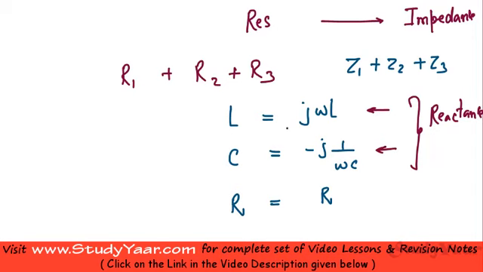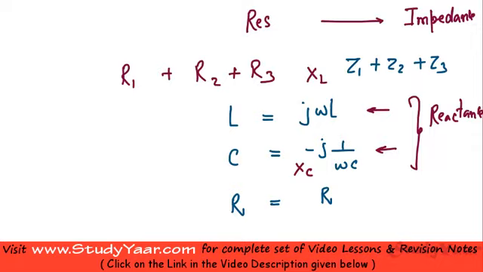This is my inductive reactance and this is my capacitive reactance, also referred to as XL or XC. This is a real impedance, purely real, of value R.